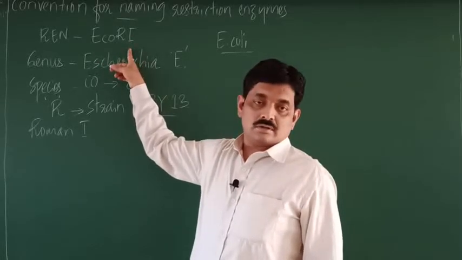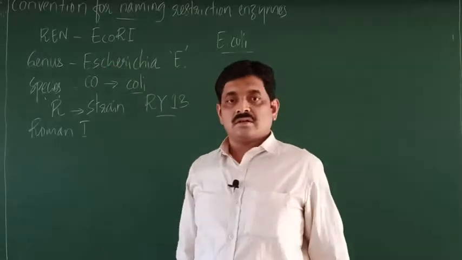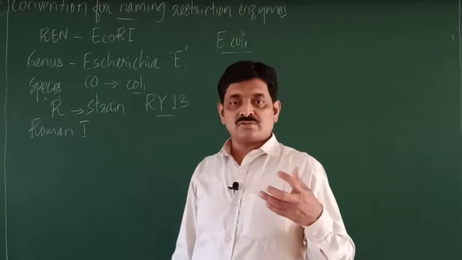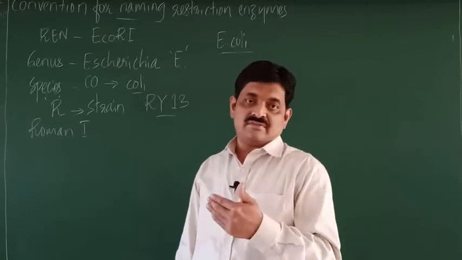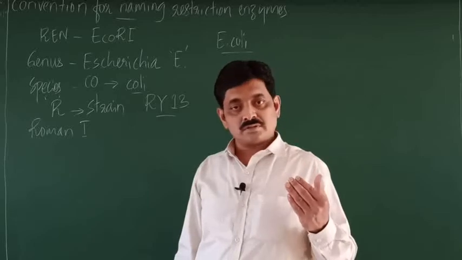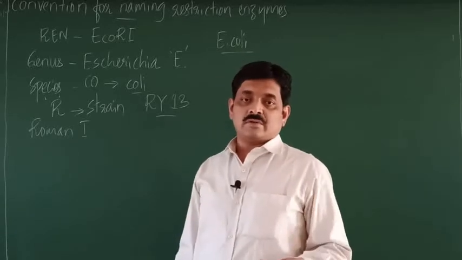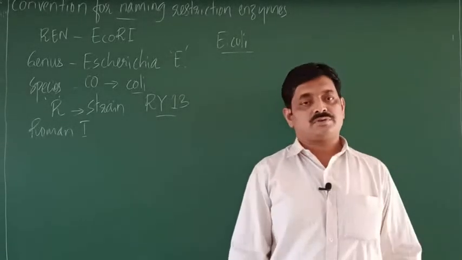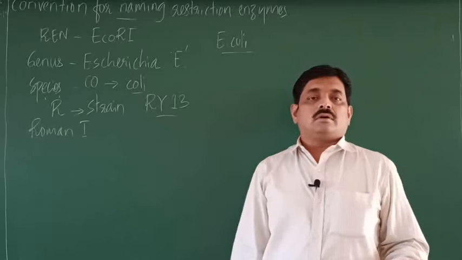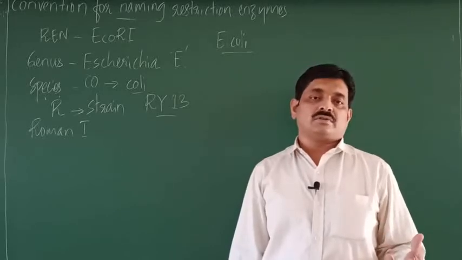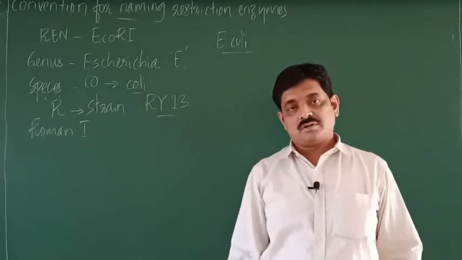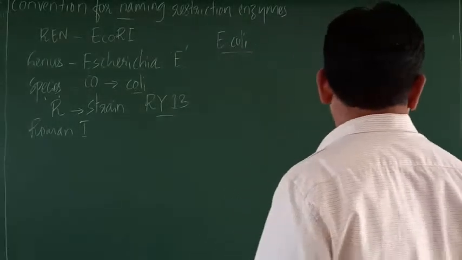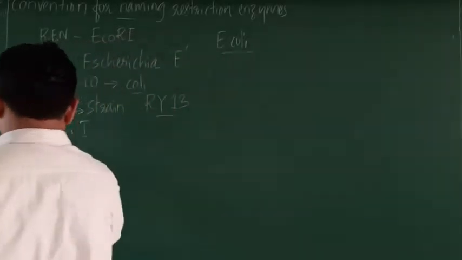Roman 1 indicates the sequence in which this enzyme was isolated from this bacterium. So here it is the first enzyme that was isolated from this bacterium. That is the convention followed. You may expect this as a 2 or 3 mark question: mention the convention or write the convention for naming restriction enzymes. Fine. After this we shall consider the next part.